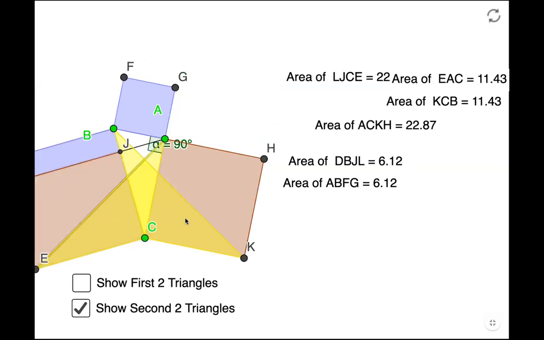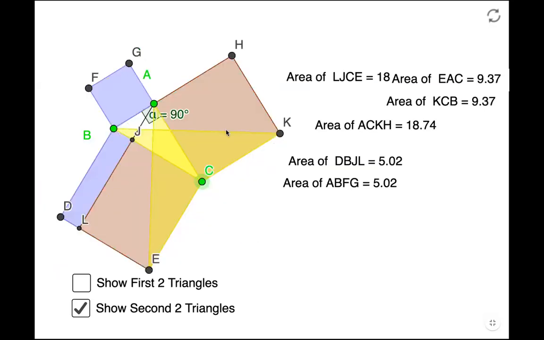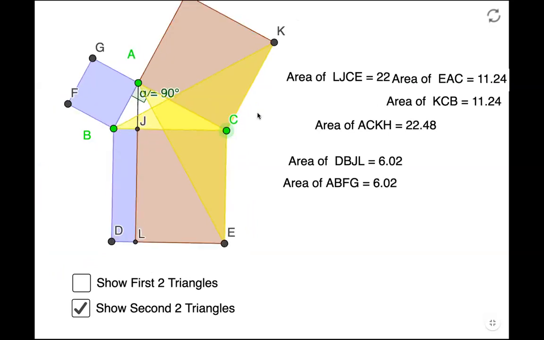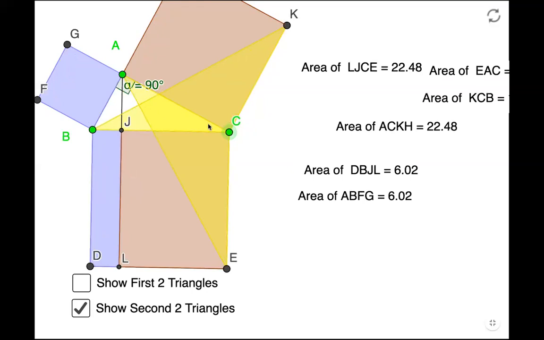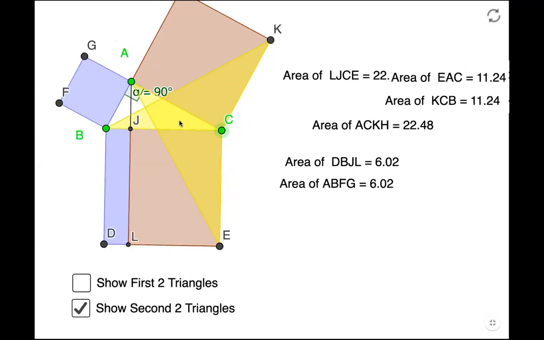But those two triangles are congruent for the same SAS reason. They each have a side from the medium side square, and they each have a side from the large square. And the obtuse angle in the middle is right angle plus shared angle. In this case, it's a different shared angle. It's angle ACB, but it's the same idea.